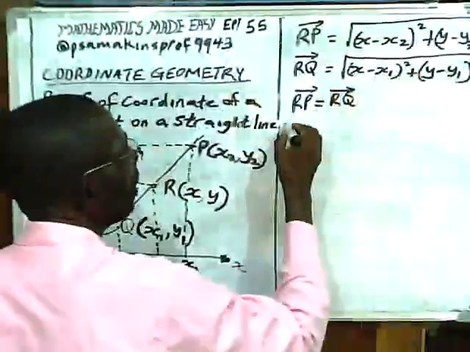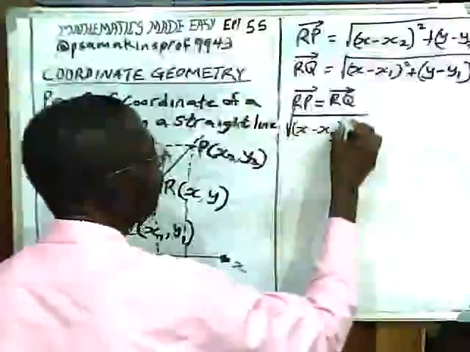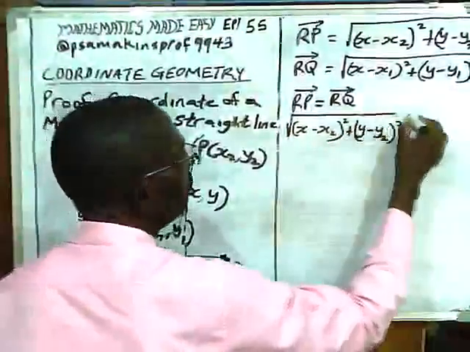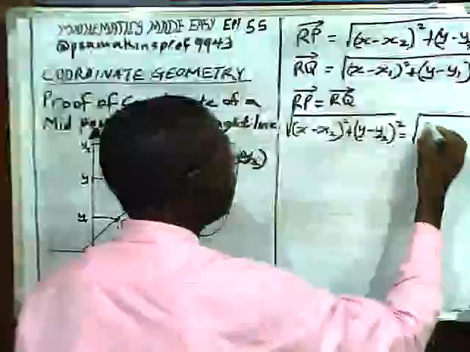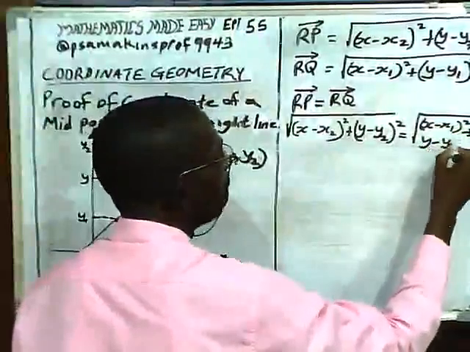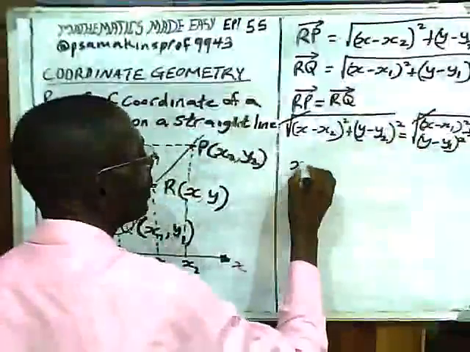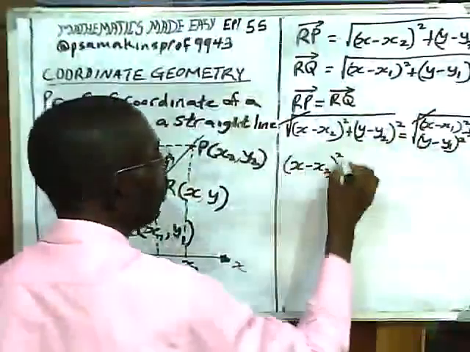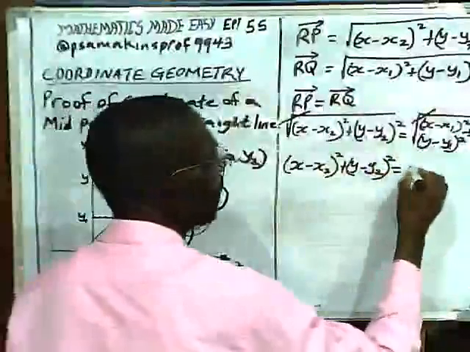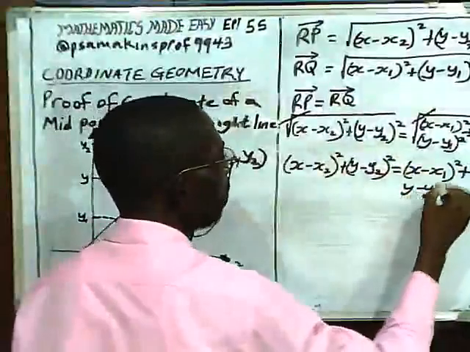So if we equate, we are going to have the square root of x minus x2 all in square plus y minus y2 all in square equal to the square root of x minus x1 all in square plus y minus y1 all in square. If we cancel the square root here and here, we are going to have x minus x2 all in square plus y minus y2 all in square equals x minus x1 all in square plus y minus y1 all in square.